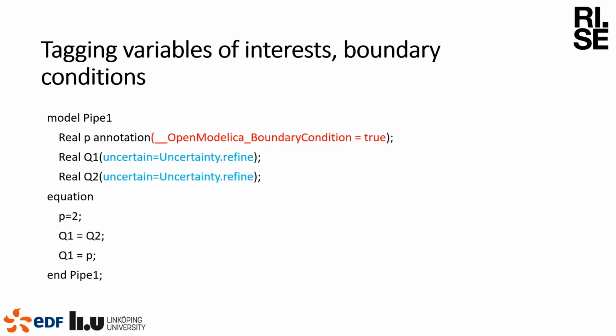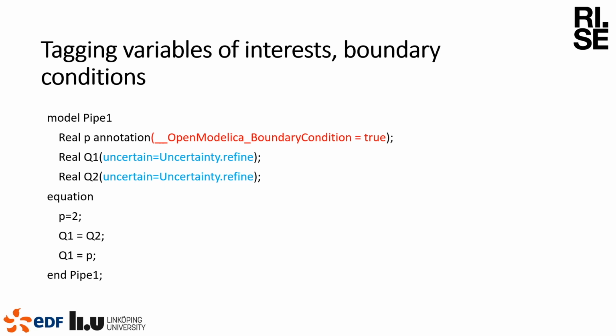How do we define the data reconciliation problem in OpenModelica? It is done by tagging the variables of interest and boundary conditions. Consider the small example presented here, pipe 1, which has three variables and three equations.